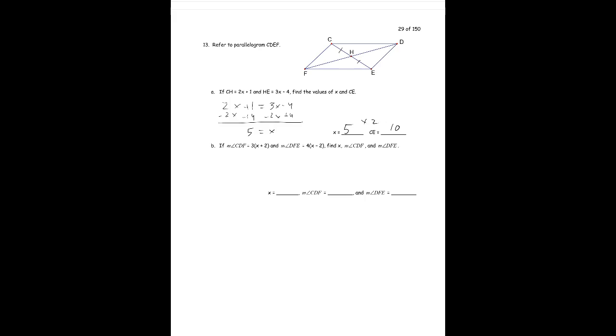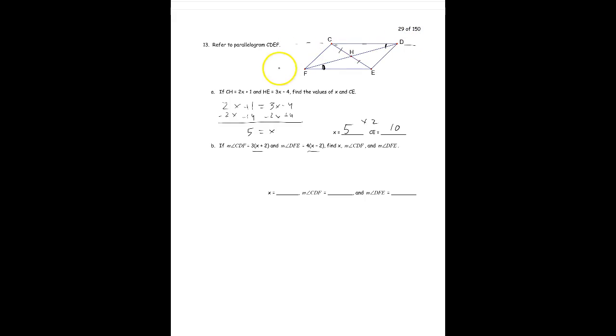Part B has to do with angles here, so let's take a look. Measure of angle CDF, that's this angle here. And the measure of angle DFE, DFE is this angle here. And we're given those angles. Well, we know that those angles are congruent because those are alternate interior angles.